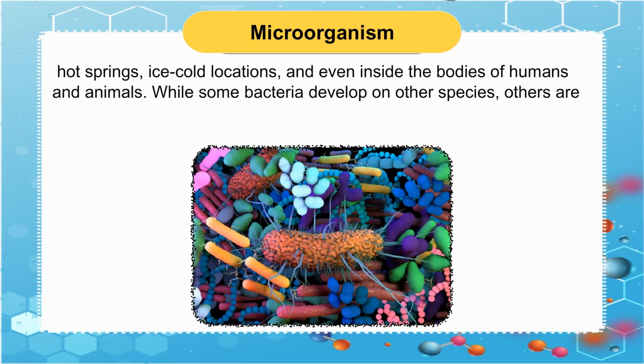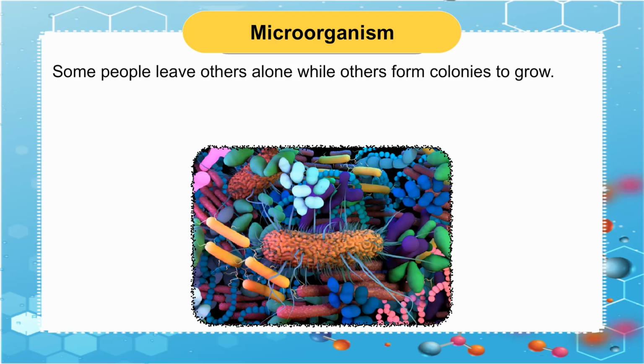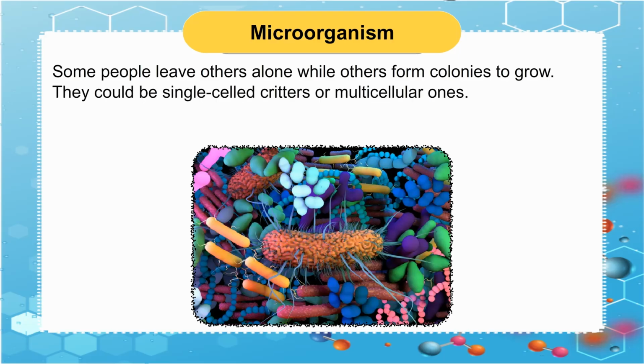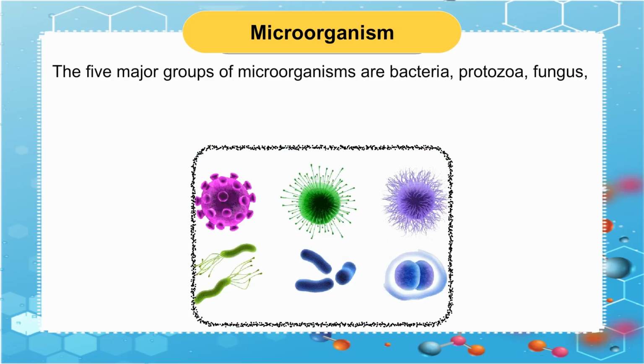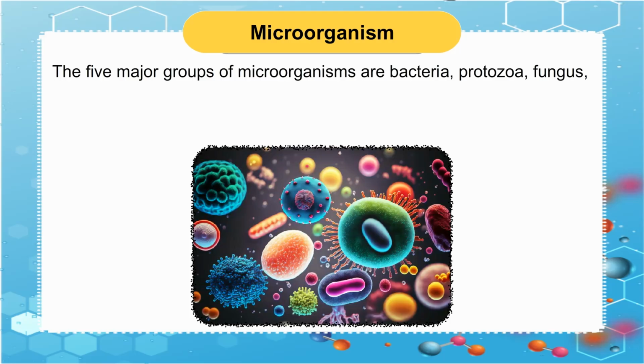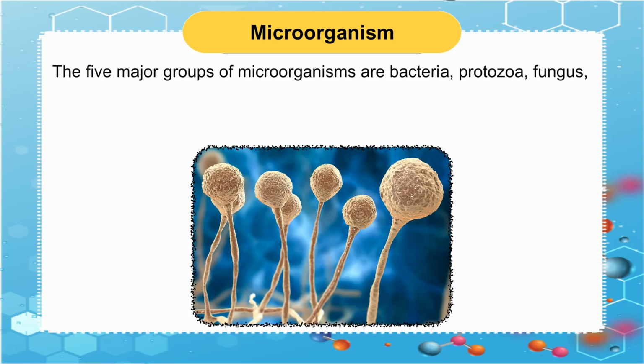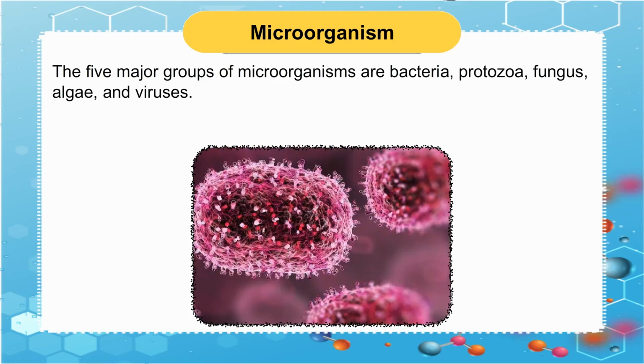While some microbes grow on other species, others are free-living. Some live alone while others form colonies. They could be single-celled or multicellular. The 5 major groups of microorganisms are bacteria, protozoa, fungi, algae, and viruses.